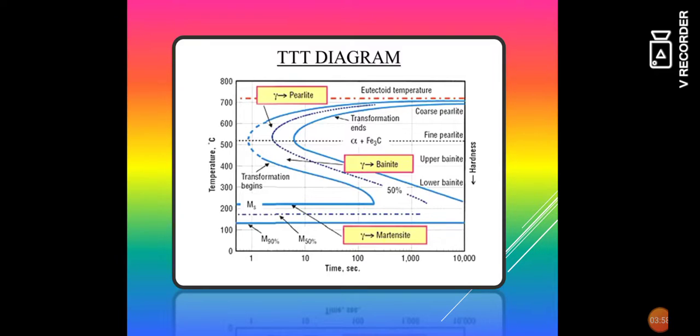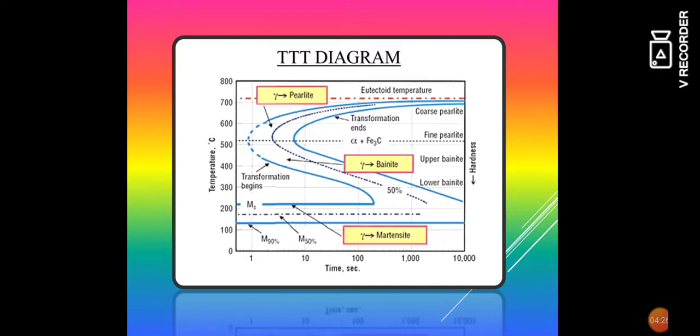Then the temperature is reduced so that the pearlite is slowly transformed into bainite, and on further reducing the temperature to about 100 degrees centigrade, the bainite is slowly transformed into martensite. That is clearly represented by this TTT diagram.